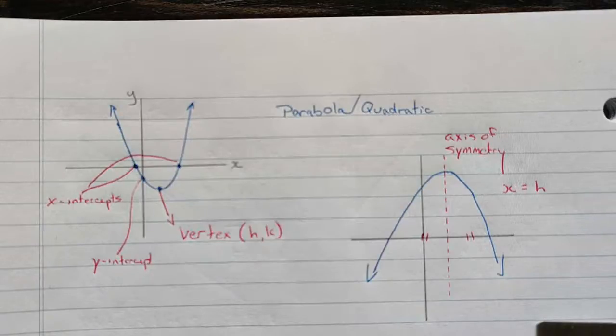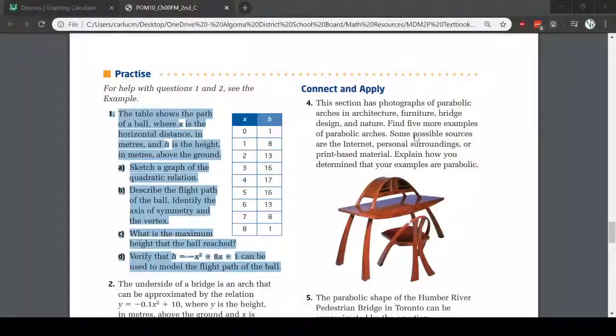I'll start just with number 1 for now. I'll switch that up on the screen here. There we go. Up on the screen you should see question number 1, from section 4.2.